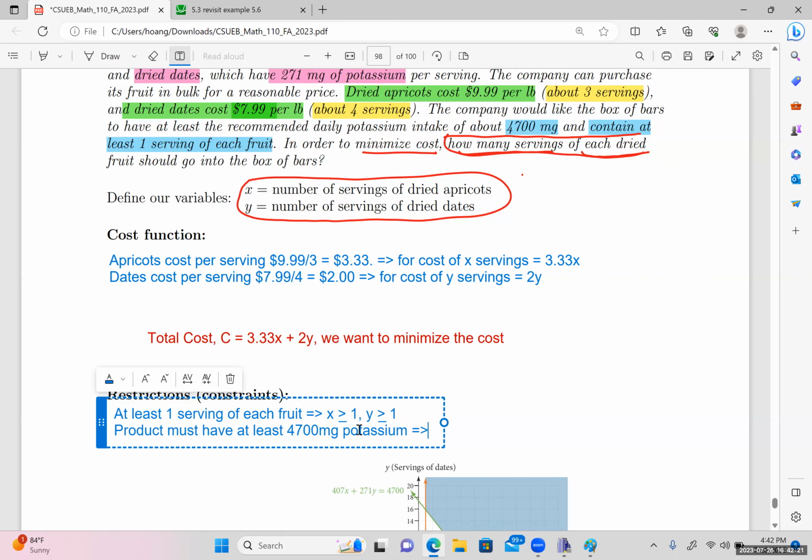So then, what inequality am I going to have in here?